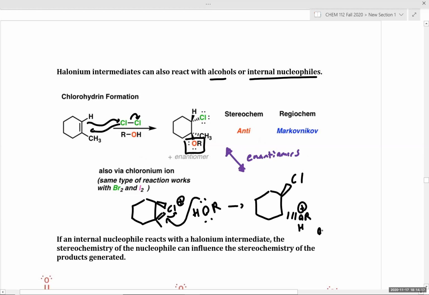And if you wanted to finish off this mechanism, you can have water or your alcohol solvent just pull off the last proton to generate your desired final product. Okay, so I just want you to note you do get a mixture of enantiomers and you observe a defined regioselectivity. Okay.